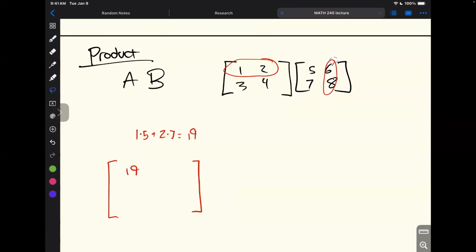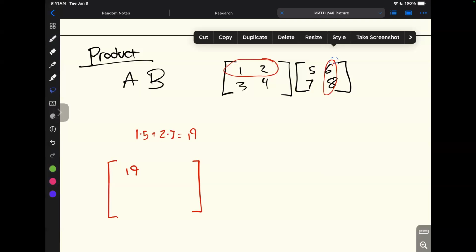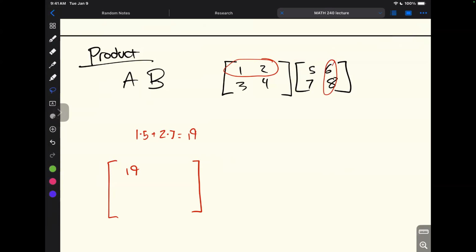And then we're going to move along to the next column. And we're going to say, now we're going to look at this row and this column. And so what's that? That's 1 times 6 plus 2 times 8. 6 plus 16 is 22.